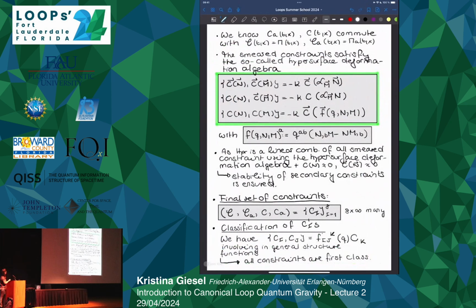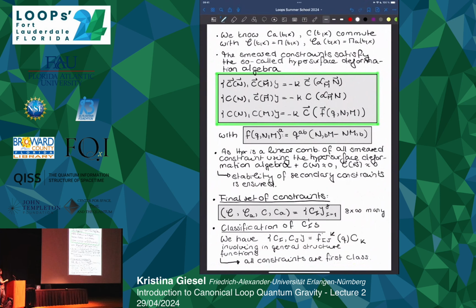So now one can show that if we consider Poisson brackets among only the secondary constraints, they satisfy the so-called hypersurface deformation algebra. So if we take, for instance, the Poisson bracket of 2 spatial diffeomorphisms, here shown on the top, we get a spatial diffeomorphism on the right-hand side with some modified smearing function, which is related to the Lie derivative along the shift vector m of n.